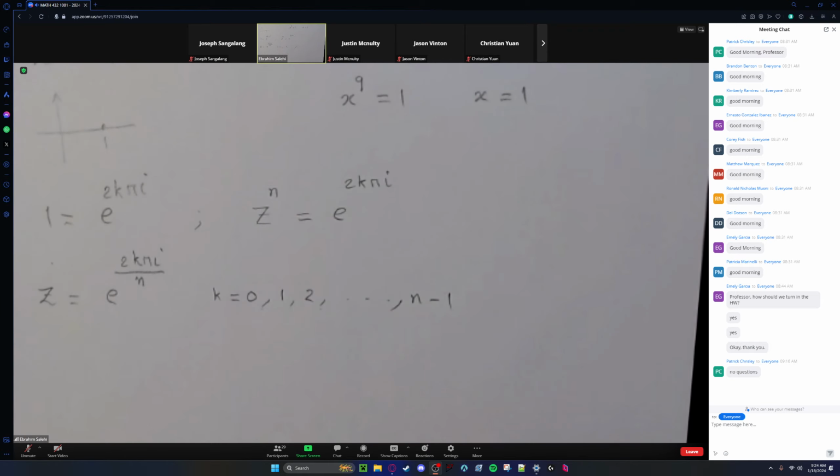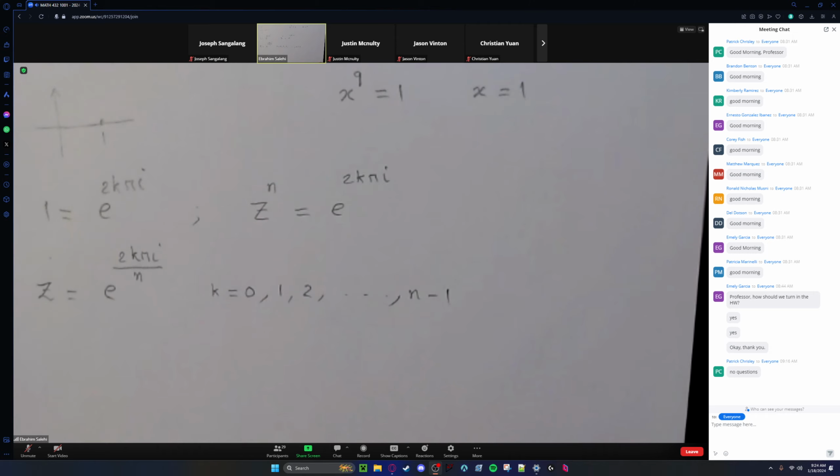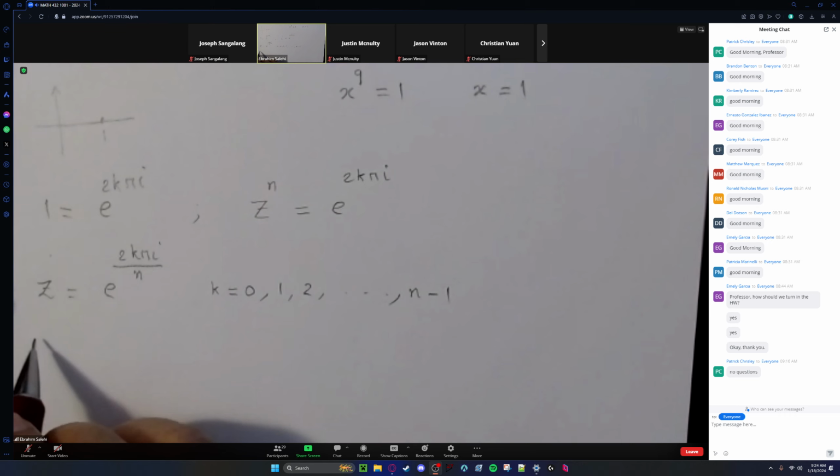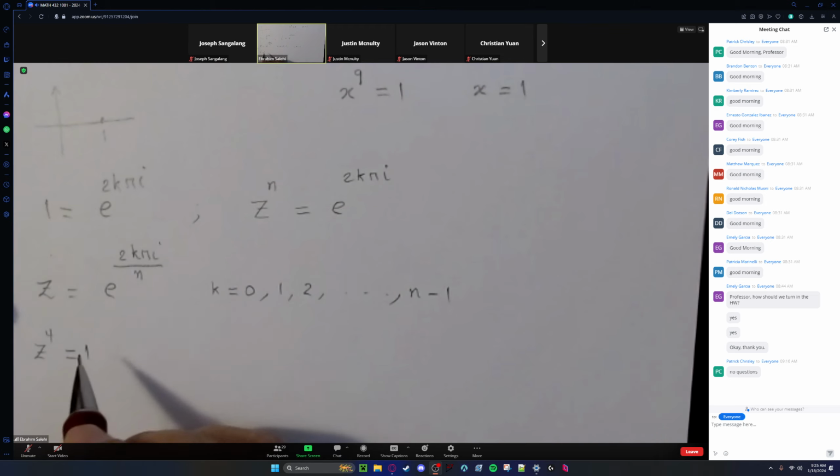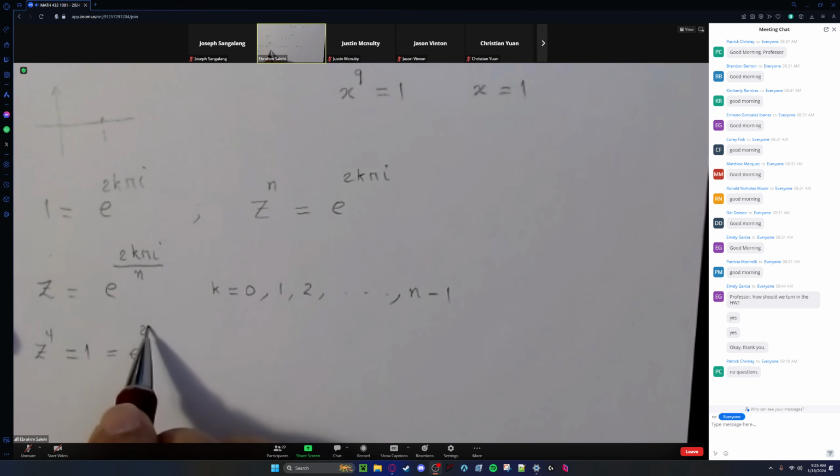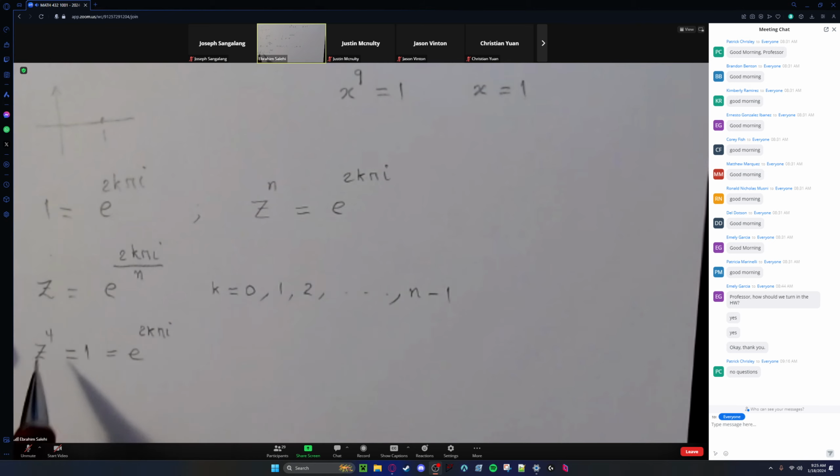I'll give you an example. Yeah, why not? Let's have an example. How about doing z to the 4 equal 1? Well, this is easy, of course, but why not? Let's do it. So you say 1 is e to the 2k pi i. As a result, take the fourth root.